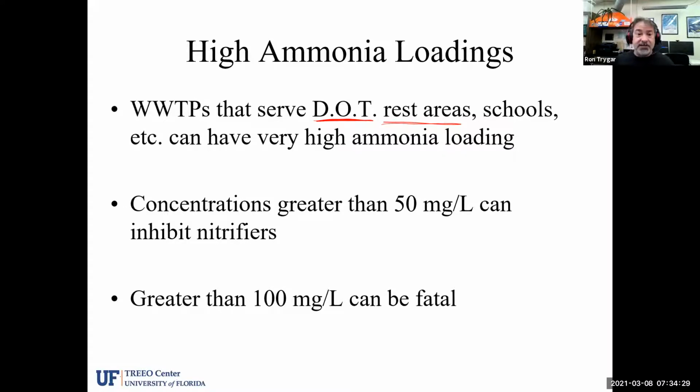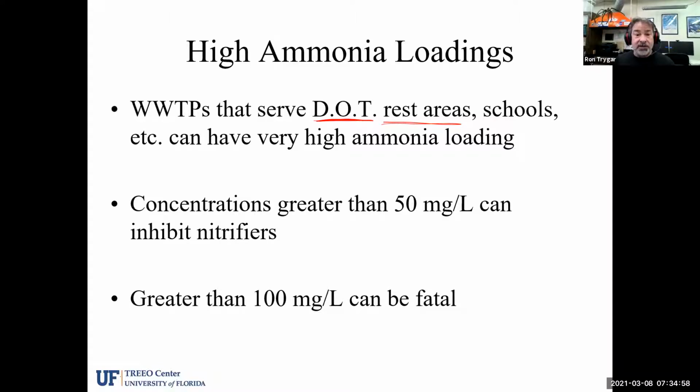Well, the wastewater that's formed from these rest areas is usually really high in ammonium and ammonia, and that comes into a treatment plant, either there at the rest area or a municipal plant, in sometimes slug loads or higher loads than others. So think about a rest area that may be hooked onto your treatment plant, and during the course of a normal month, everything's fine, you don't see any problems.